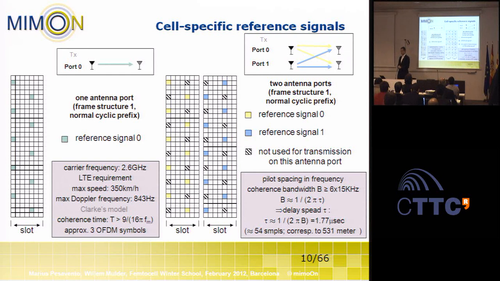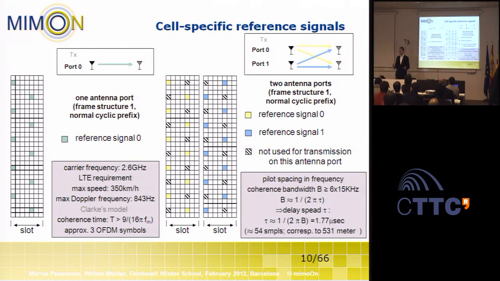For example, with a single antenna, we see here to the left the spacing of the pilot reference signals that can be used at the receiver to estimate the channel, both in time domain and in frequency domain.